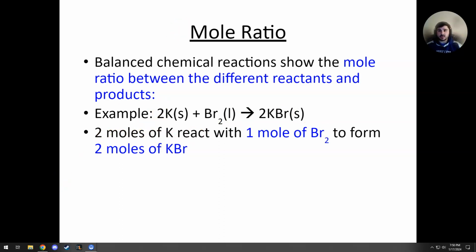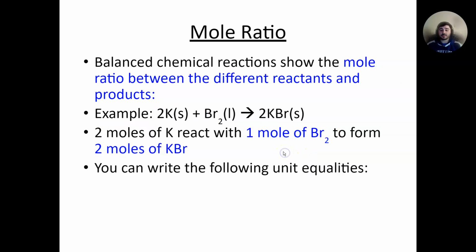Let's grab a different color here. This 2 here tells us we've got 2 moles. This invisible 1 tells us we've got 1 mole of Br2. This 2 here tells us we've got 2 moles of KBr. So again, these coefficients in front of these formulas tell us exactly how many moles of that substance we have, all right? So it's all based on, again, moles. Everything connects back to moles.